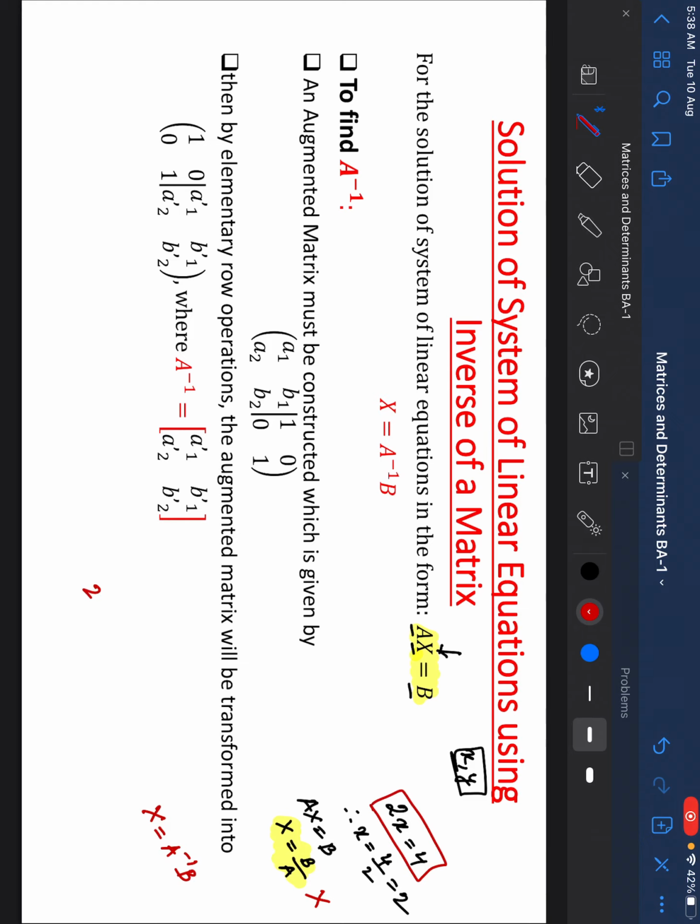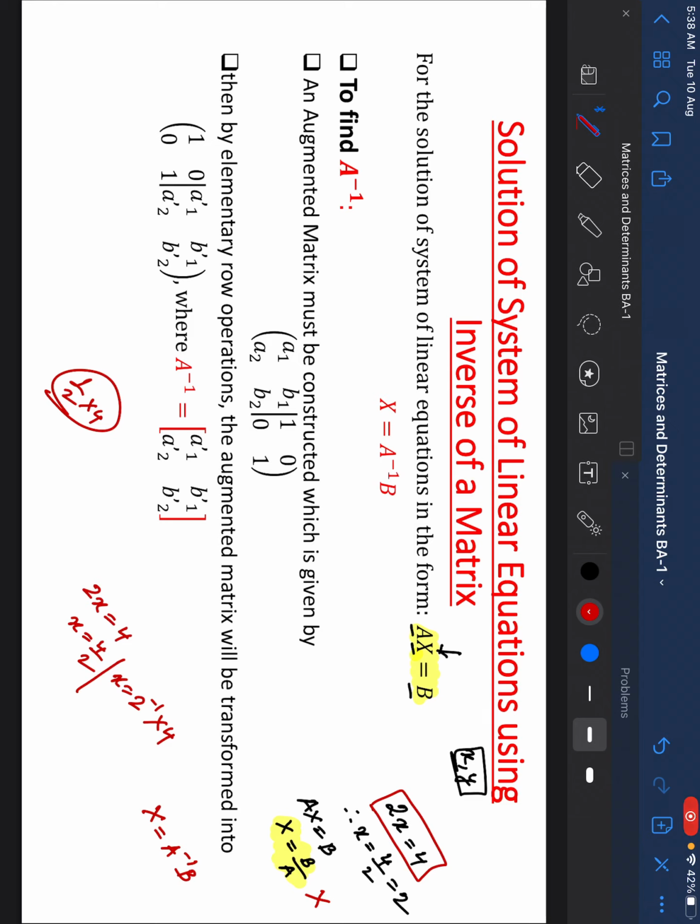I'm not doing 4 by 2. What I'm doing is writing x is equal to 2 inverse into 4. Now 2 inverse means what? It is just 1 by 2. So I'm multiplying 1 by 2 with 4, and it is the same as 4 by 2.